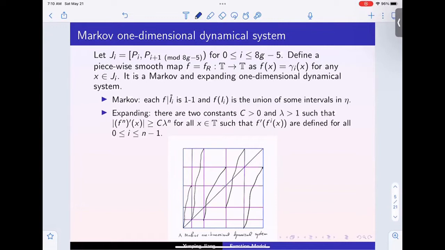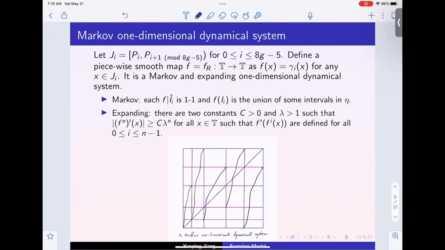The formal definition of expanding is that there are two constants, c bigger than 0 and lambda bigger than 1, such that the derivative of f to the n is bigger than c times lambda^n for all x such that f prime exists on the orbit.